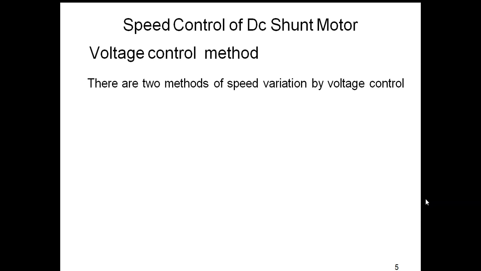Now let us see the voltage control method. In this voltage control method, there are two types by which we can control the voltage applied to the DC shunt motor.